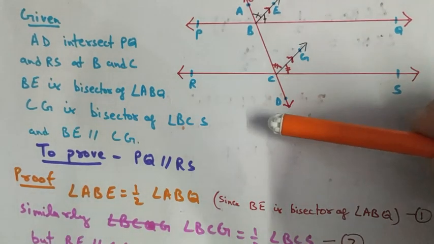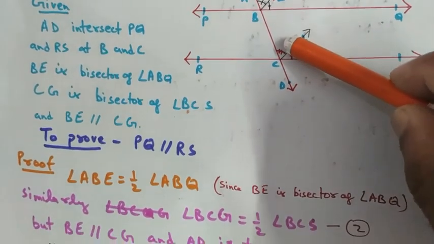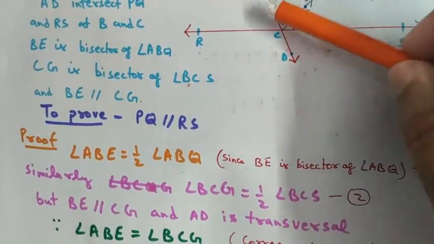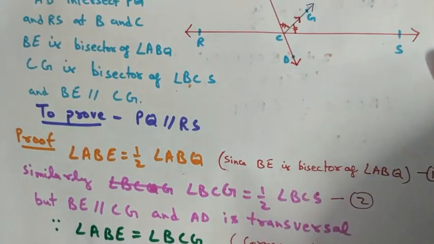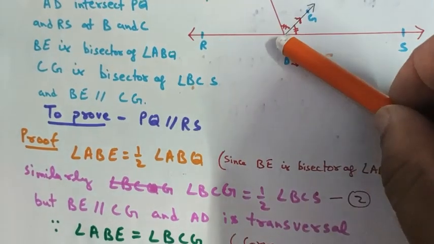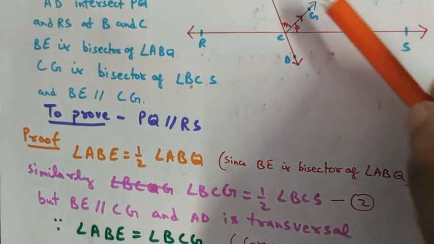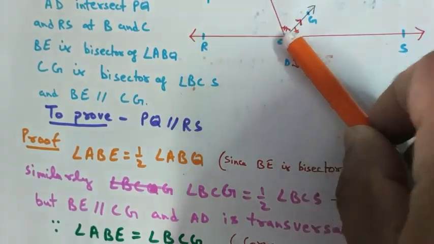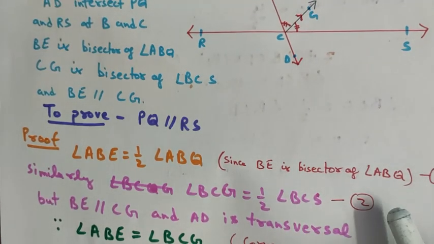Similarly, since CG is the bisector of angle BCS, we can say that angle BCG will be half of angle BCS. Got it? So this is equation 1, this is equation 2.